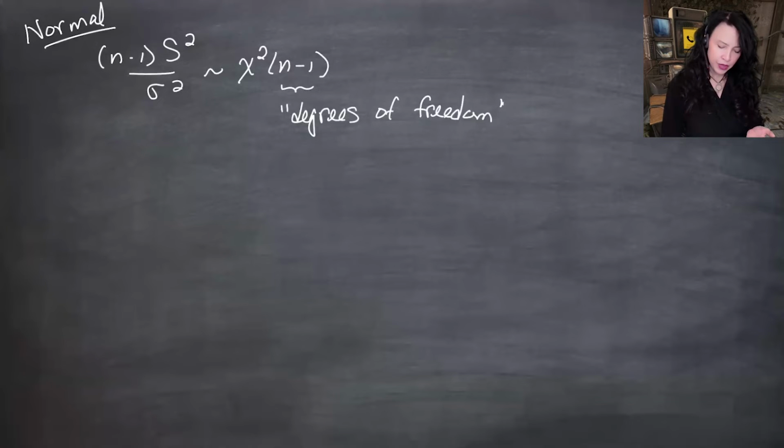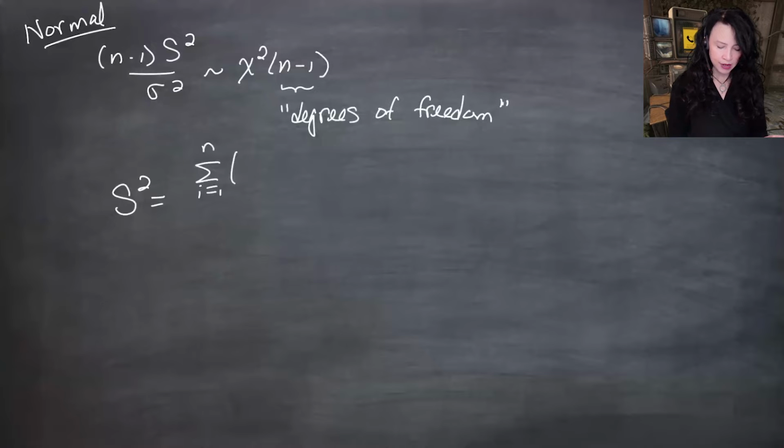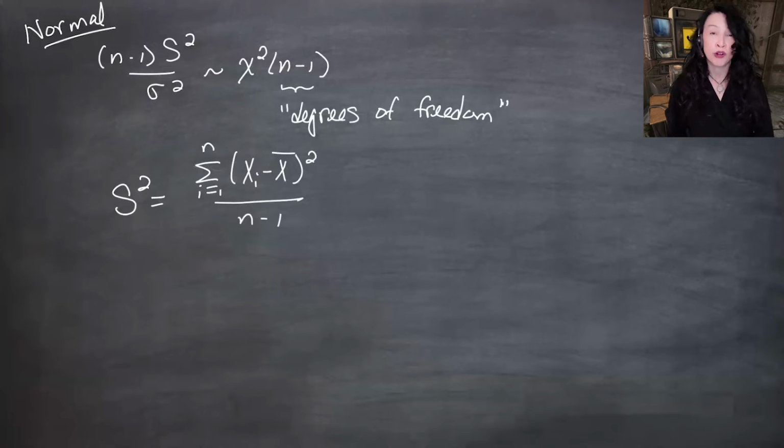So here's where this phrase degrees of freedom comes from. In this case, we're working with the statistic, the sample variance. It is the sum as i goes from 1 to n of (xi minus x bar) squared over n minus 1, or maybe over n if you're using the biased version.